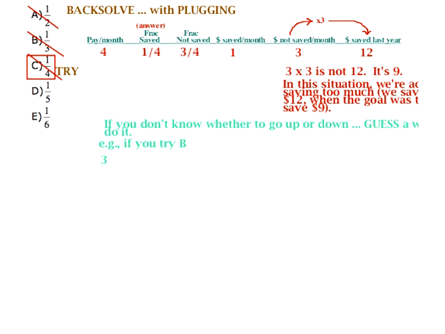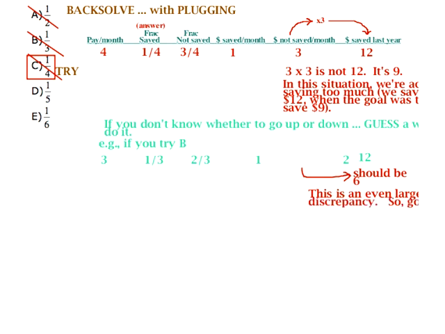Then this fraction is 1/3, and this fraction is 2/3, which means you're saving $1 a month and spending 2. You would still be saving 12 last year, but 2 times 3 would be 6, and we would want 6. So that's even worse. Now it's a larger discrepancy.